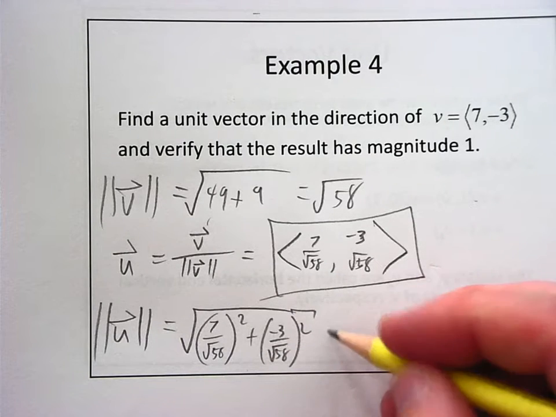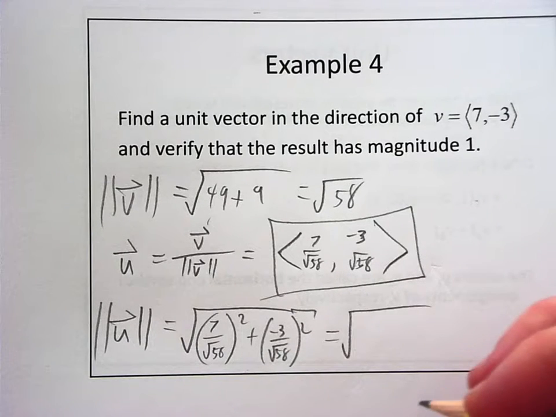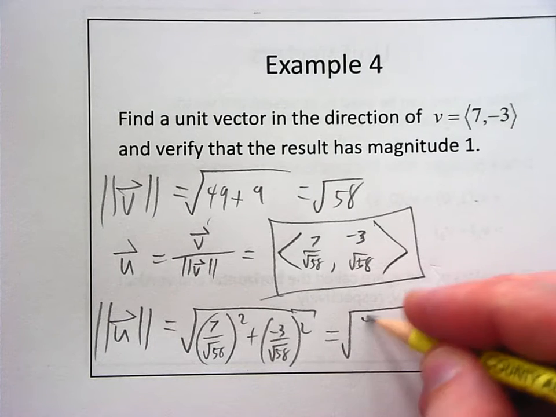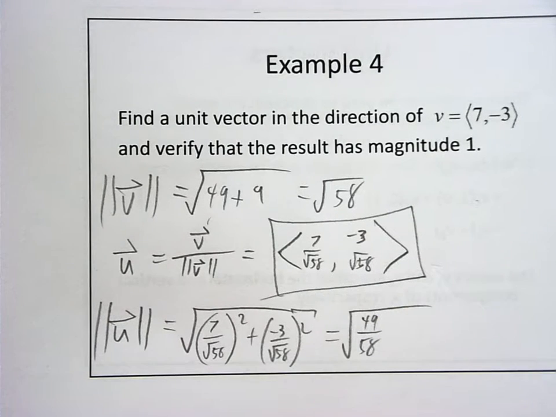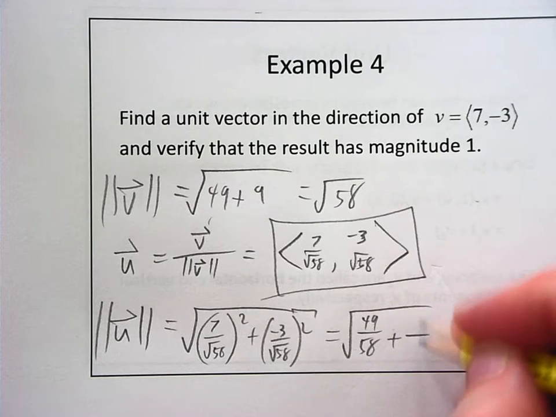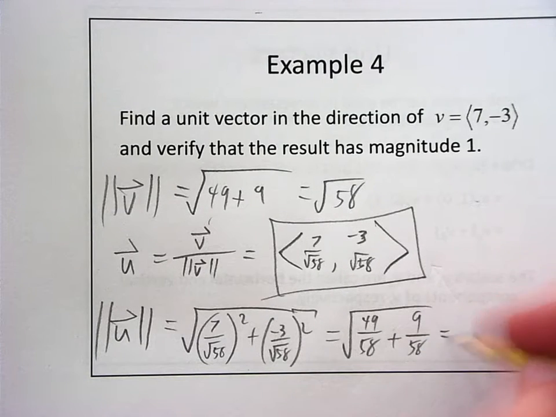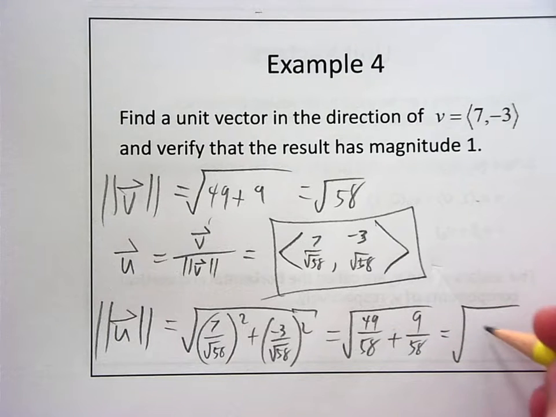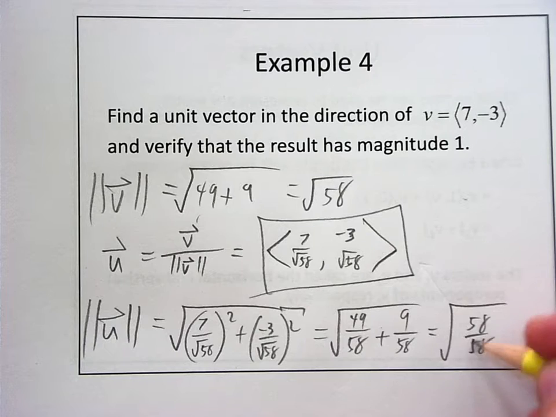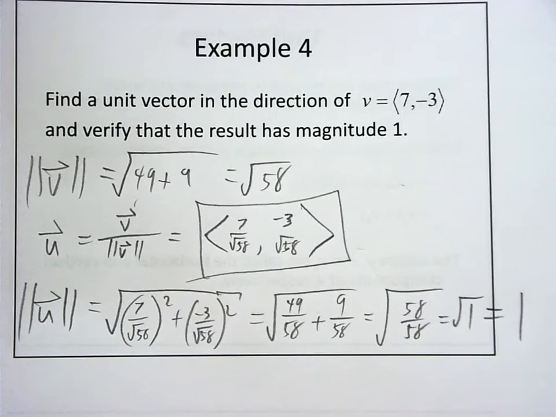Well, what's 7 over the square root of 58 squared? 49 over 58. Square the top, square the bottom. What's the other one squared? 9 over 58. 49 over 58 plus 9 over 58 gives me 58 over 58, which conveniently is the square root of 1, which is 1. Wow.